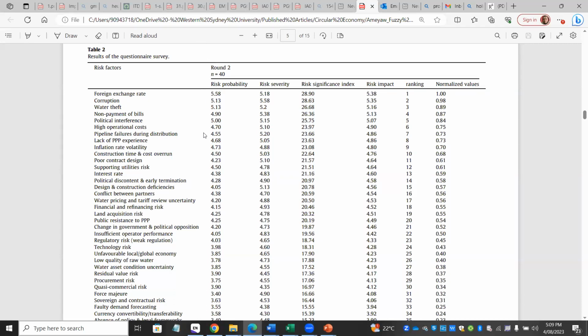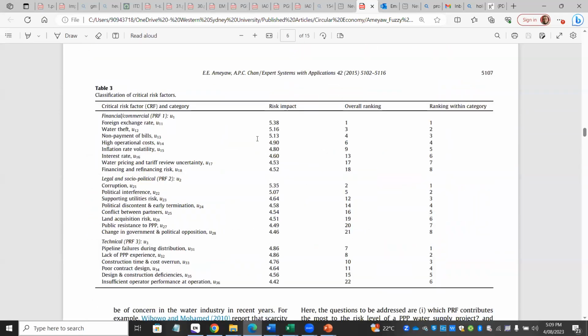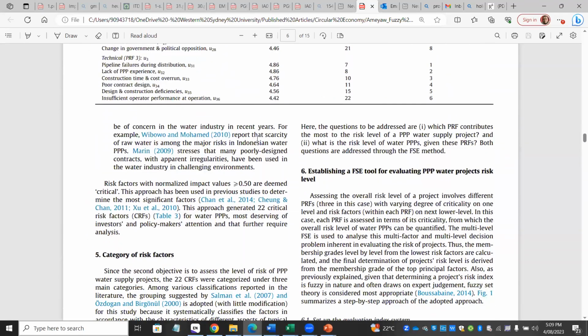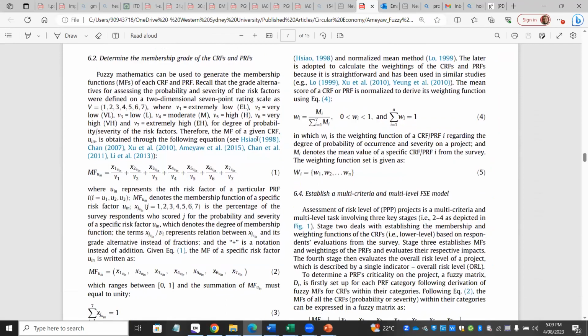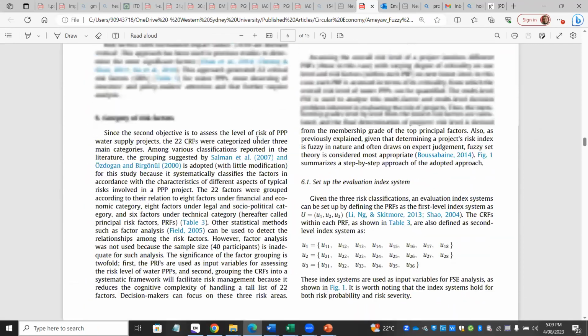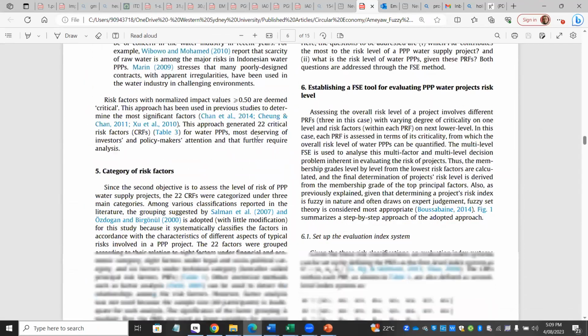You can see risk probability and risk severity here. So if you pick a factor, you have to work with table 3 and table 2.